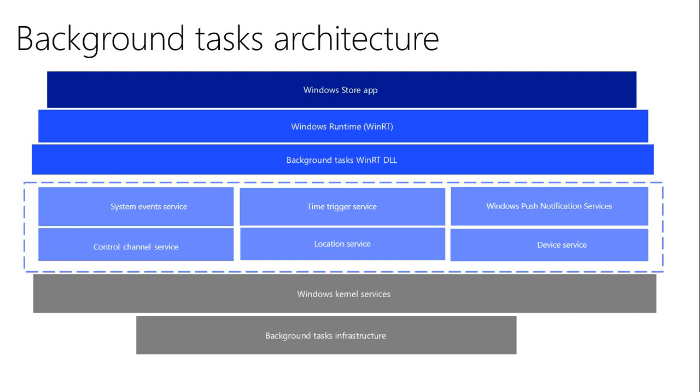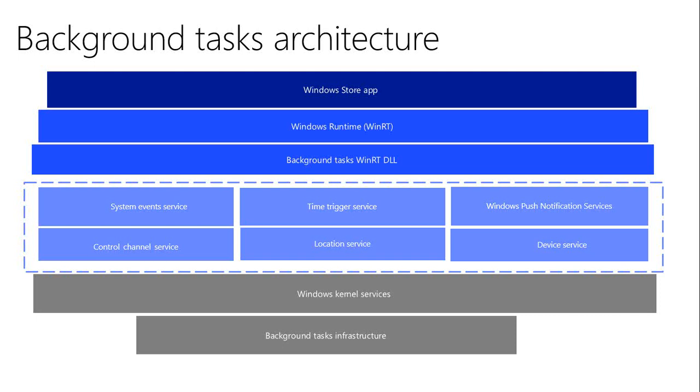So basically, the background task runs as our DLL. Our DLL takes all this information and registers it with the background task infrastructure, which is the lowest in the architecture, the gray tab. This background task infrastructure maintains a database with the app name, their entry point, and the trigger.